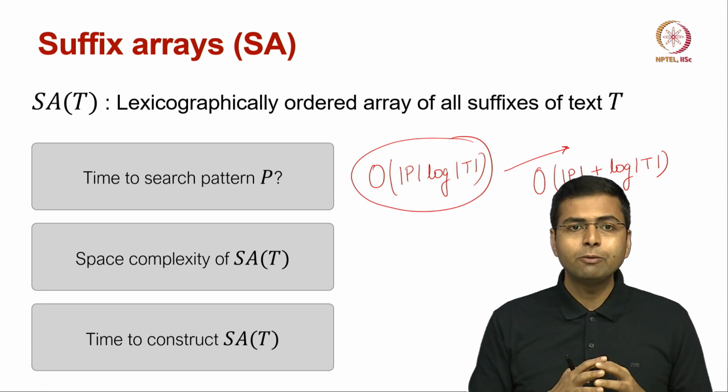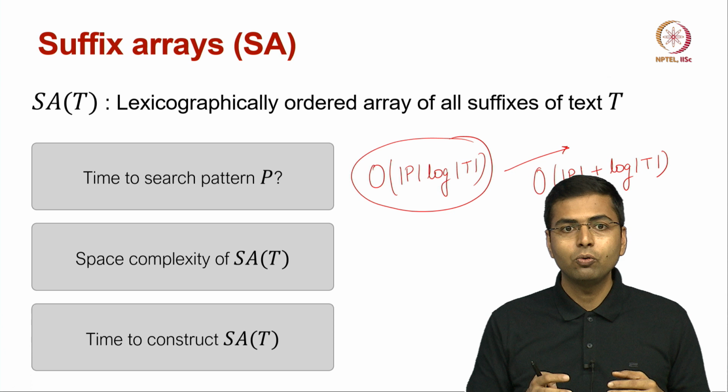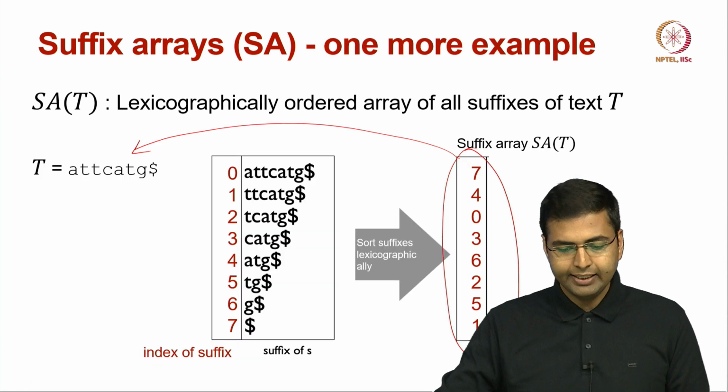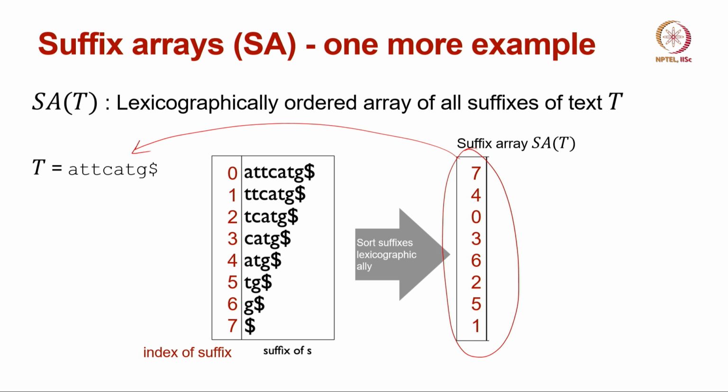Let us look at how much space the suffix array takes if you want to store it in memory. Well, that is easy to answer, because in the suffix array all I am doing is storing T integers, and because each number ranges from 0 to T minus 1, I can store every element of this array in log T bits.